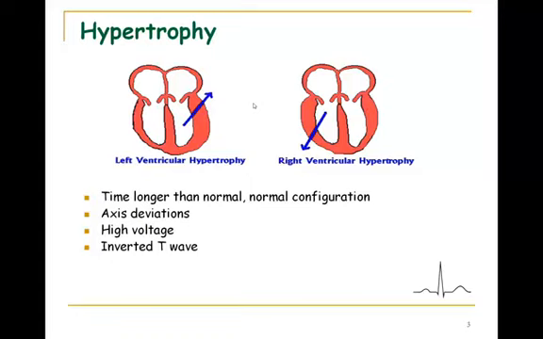In addition, with left ventricular hypertrophy, you will see what we call a high voltage ECG. Anytime you have more muscle mass, more muscle mass means more electrical activity, so your QRS voltage will be larger.